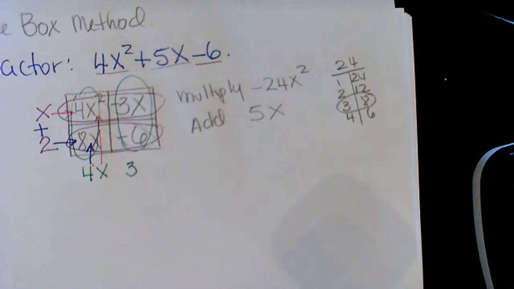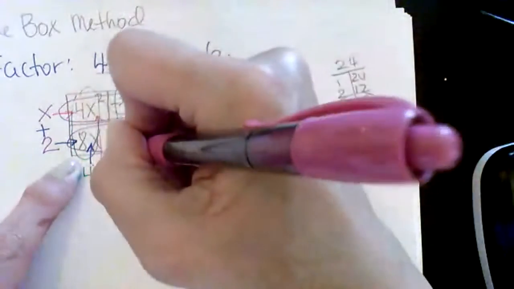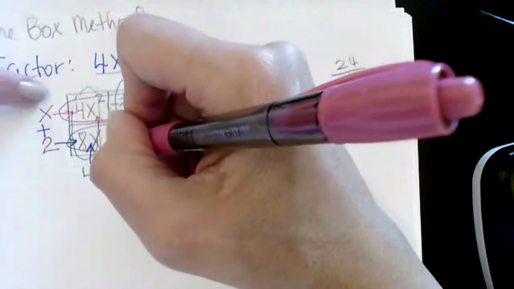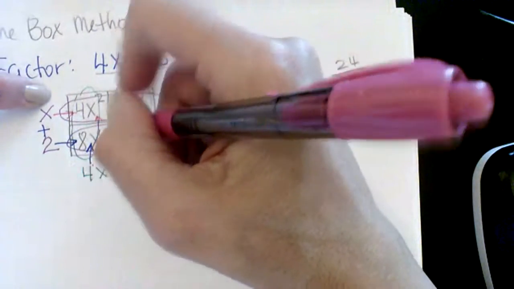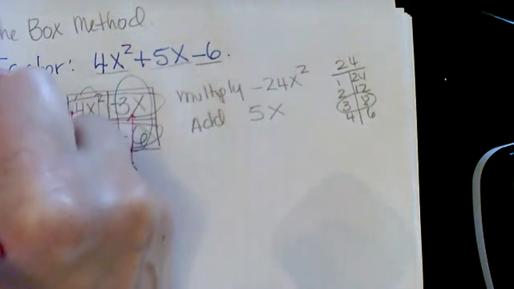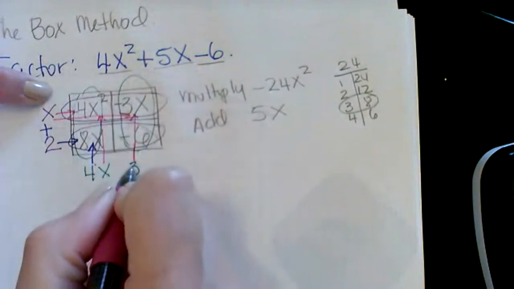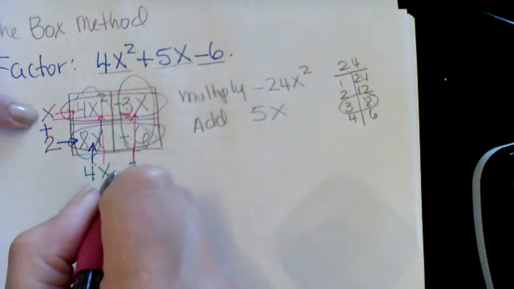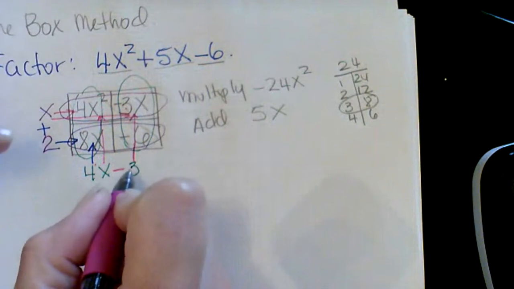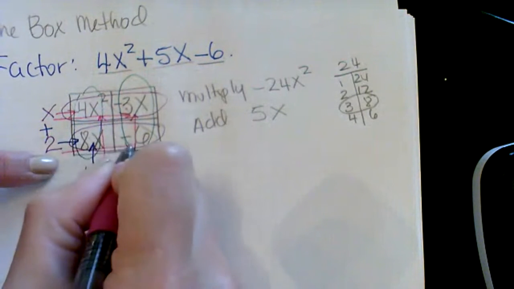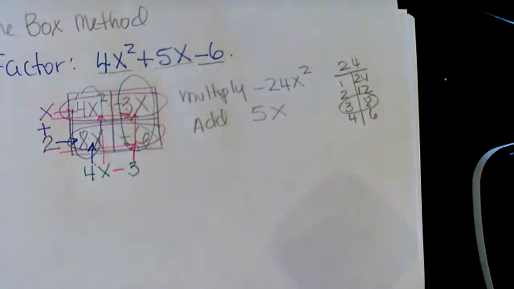Now, let's do this other side. If I multiply 3 times x, right here to get this one, what do I get? 3 times x, I get negative 3x. So it needs to be negative. If I multiply negative 3 times 2, I get negative 6.